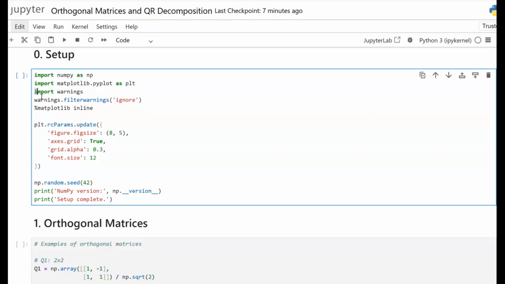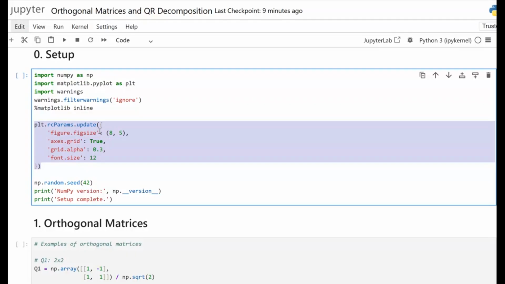Next, we included the warnings module. Yes, dear friends, this controls the warning messages generated during execution. And here the line begins updating the Matplotlib runtime configuration parameters using a dictionary.